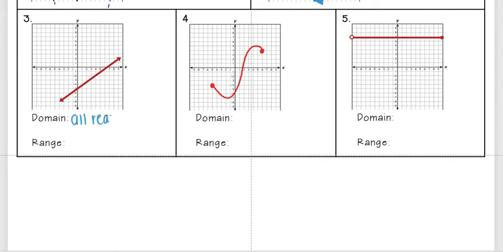So whenever that happens, we say it's all real numbers. And sometimes we do this symbol right here, which is 2 lines and an R. And then for range, again, it's going forever down and forever up. So it's going to hit all y values, so it's going to, again, be all real numbers.